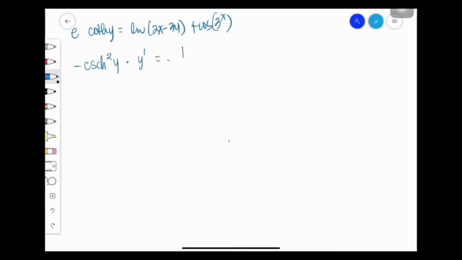That is 1 over what's inside, right, multiplied to the derivative of what is inside. What's the derivative of 2x minus 3y? That is 2 minus 3y prime. Okay, plus lastly, what's the derivative of cosine 3 raised to x? It is negative sine 3 raised to x multiplied with the derivative of what's inside. What's the derivative of 3 to the x? You know that is 3 to the x ln of 3.